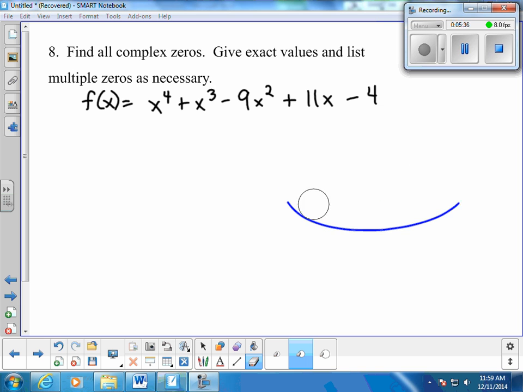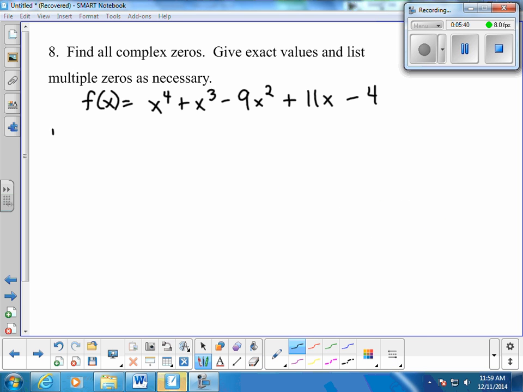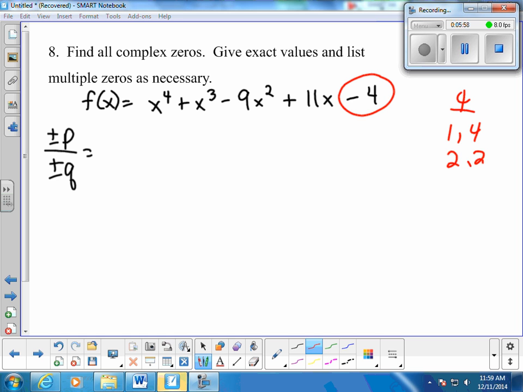So I'm going to say plus or minus p over plus or minus q to find my region in red, so to say. Plus or minus p is going to be all of the factors of this, so everything that multiplies to give me a 4. Well, 4 is 1 times 4 and 2 times 2. So it's going to be plus or minus 1.